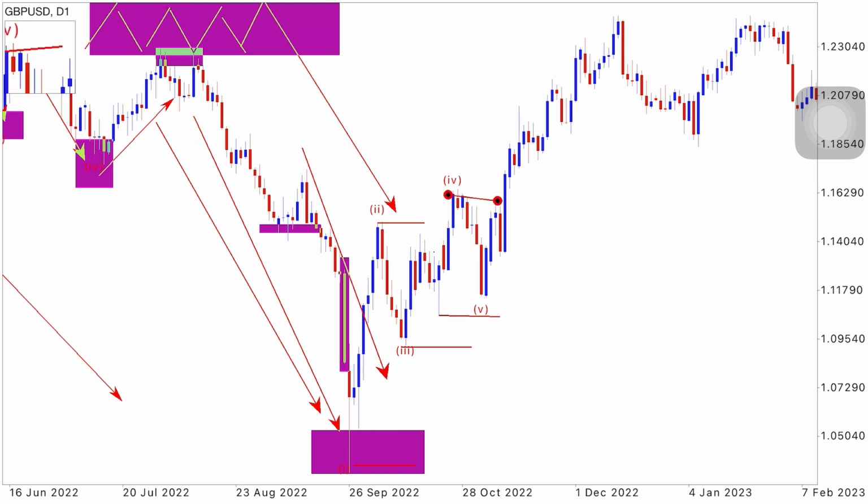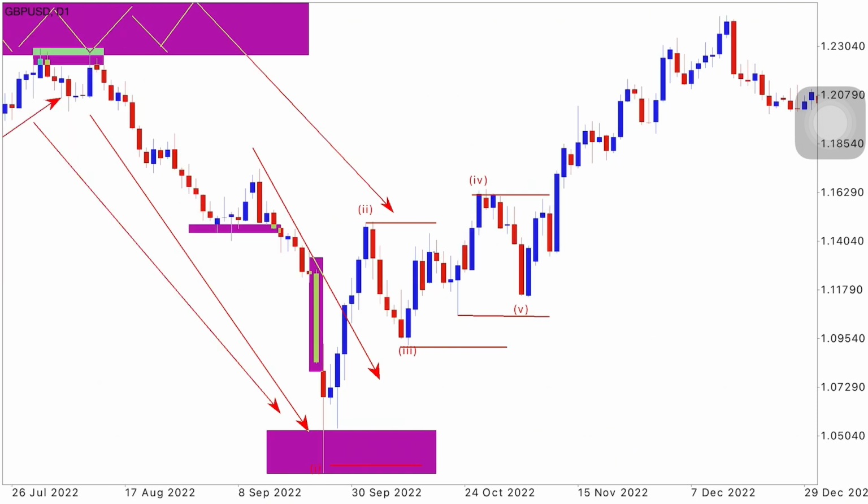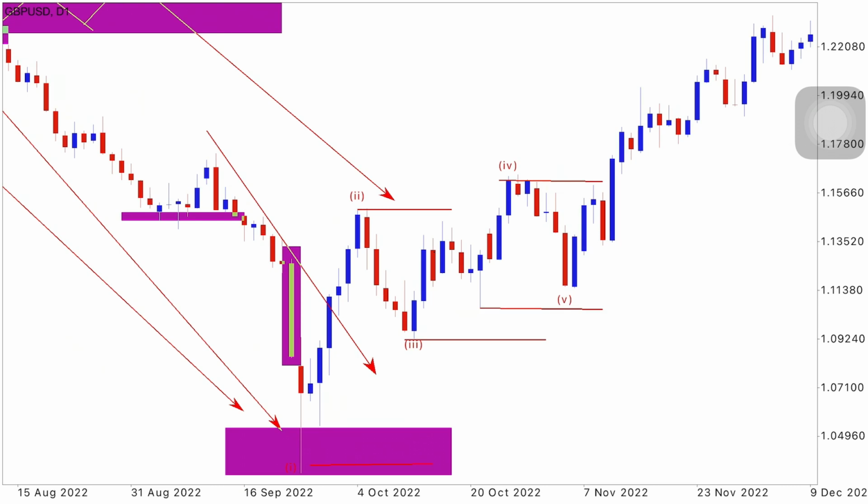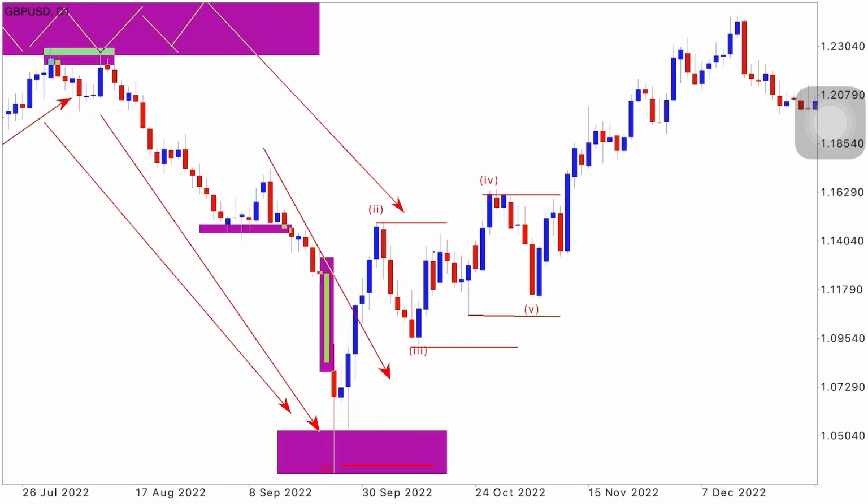So most of the people who are using SMC are using Elliott wave, but they don't know that they are using Elliott wave. However, they are using Elliott wave.